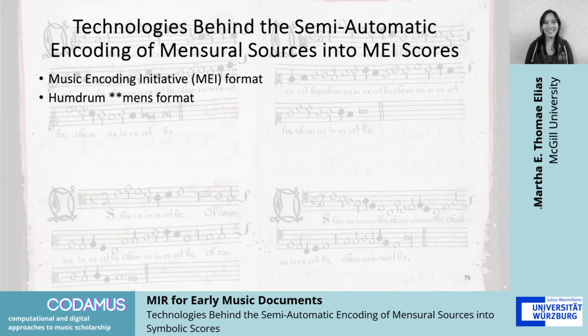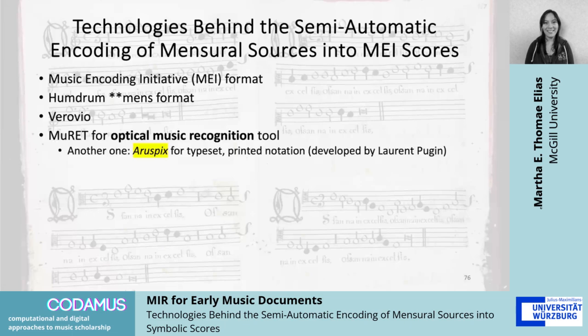I also mentioned the Verovio library for rendering these files, for rendering MEI. I mentioned some optical music recognition tools: MuRET, and there's another one, Arduspix. I didn't use Arduspix because it is for printed notation. It's also developed by Laurent Pugin, who developed Verovio.